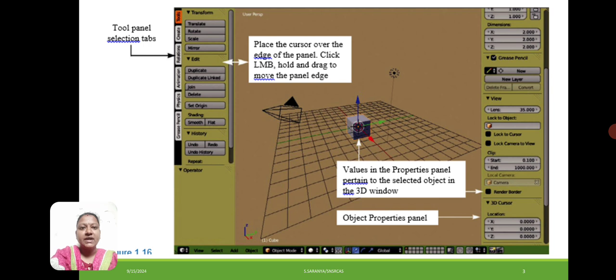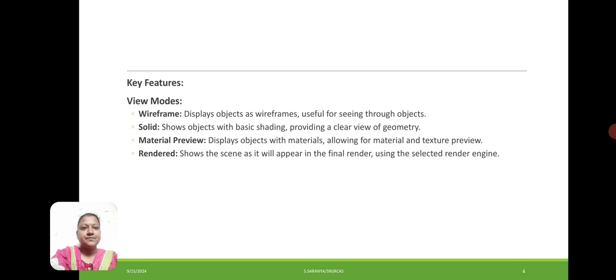Using those tools we can select it. By default it is set to transform. By using the option we can select different types of properties windows. In the right side corner you can see the render, Blender, 3D cursor, viewport, everything.